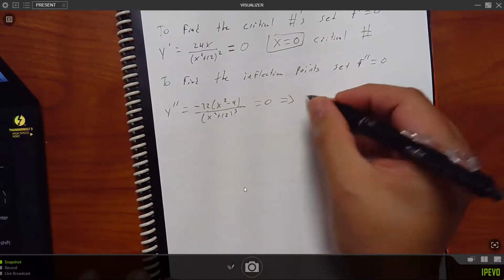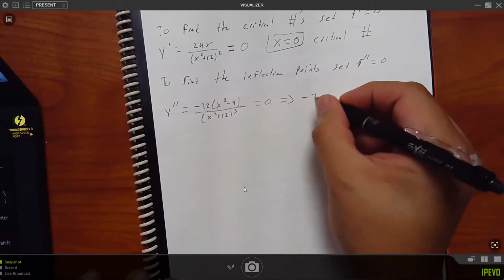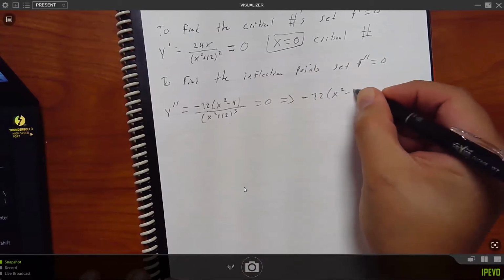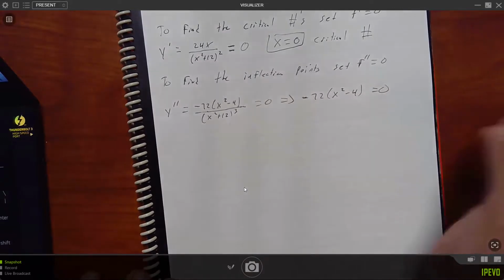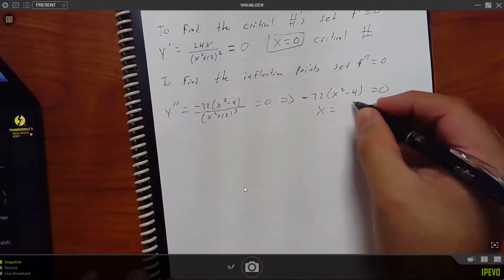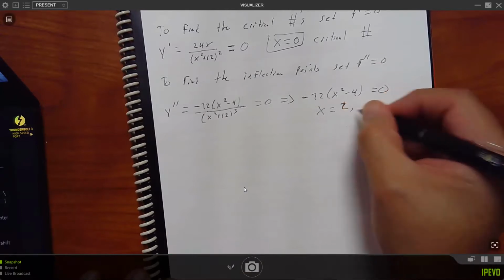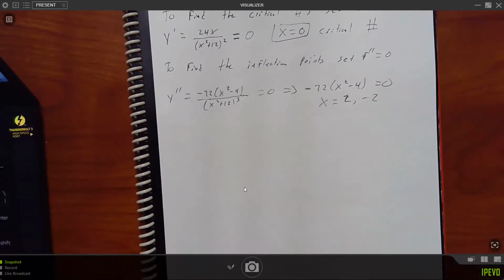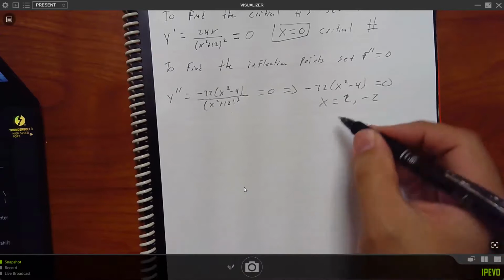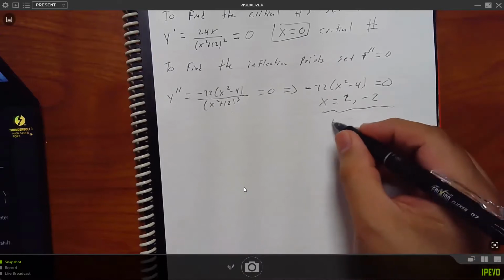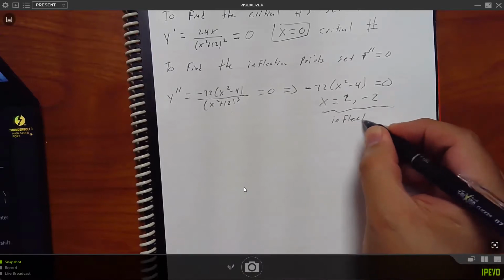So to solve this, you just set the top part equal to 0. So x is equal to plus or minus 2. These are inflection points. Finally.